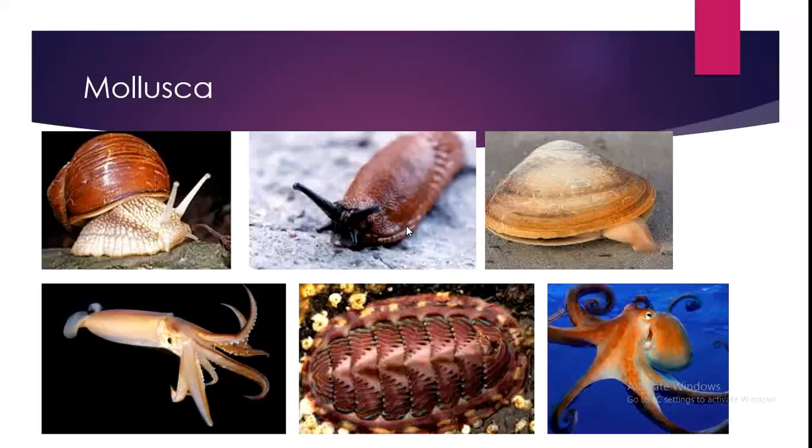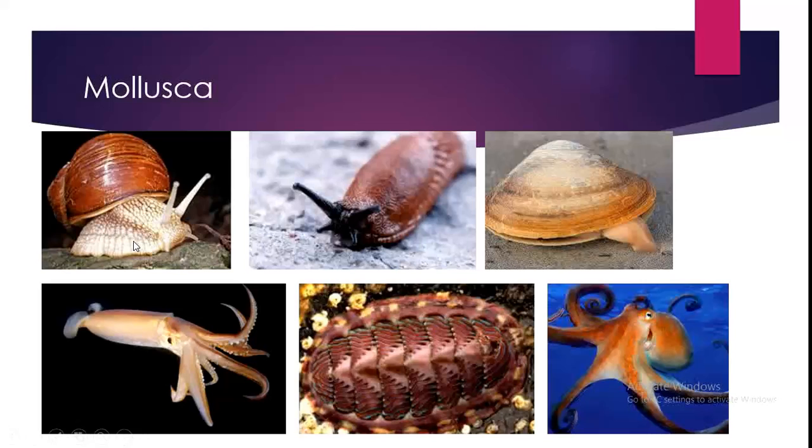As I told you earlier, from phylum Annelida onwards, phylum Mollusca, phylum Arthropoda, phylum Echinodermata, all these are triploblastic. They have 3 germinal layers. Mollusks also show bilateral symmetry. They have soft bodies.